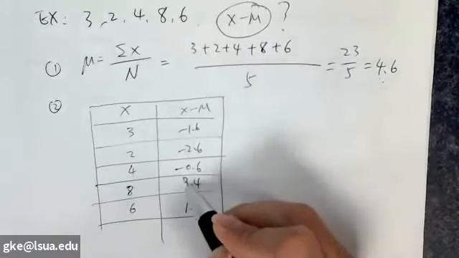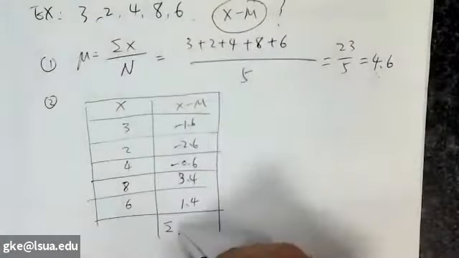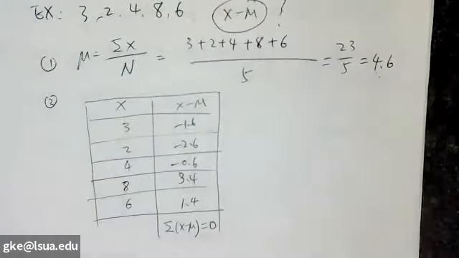And again, if we do the summation of the second column, you're going to get 0. Very beautiful number, 0. It means nothing, but shows something, right?